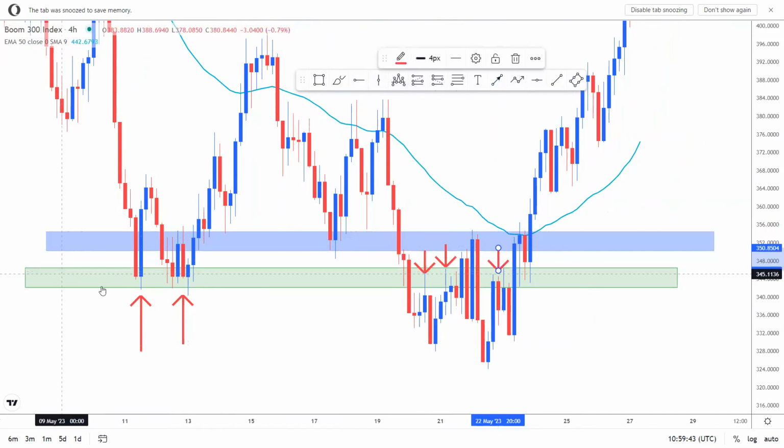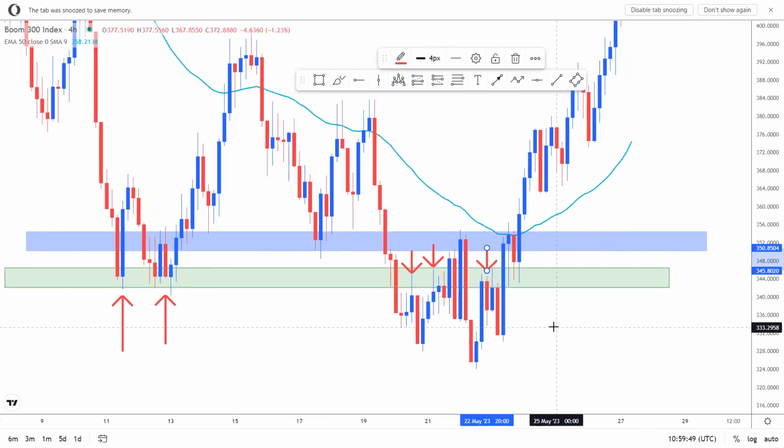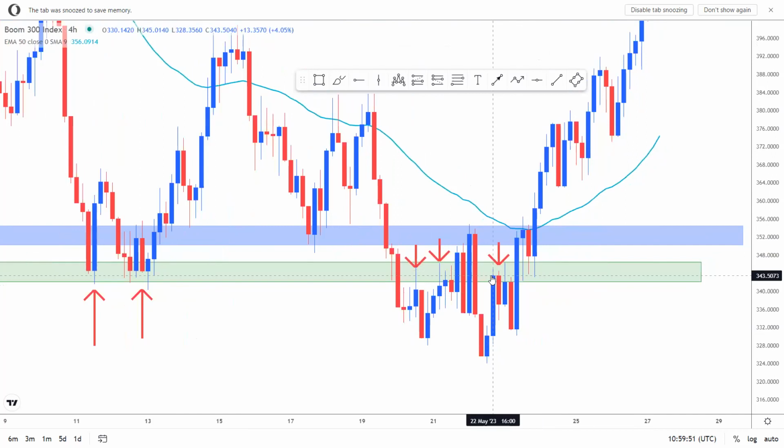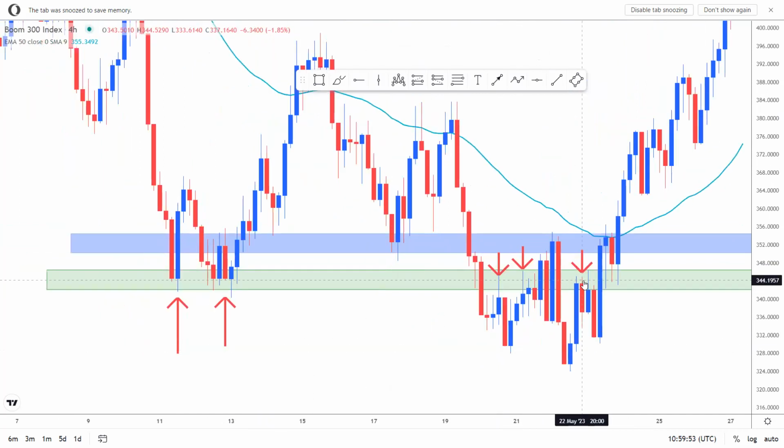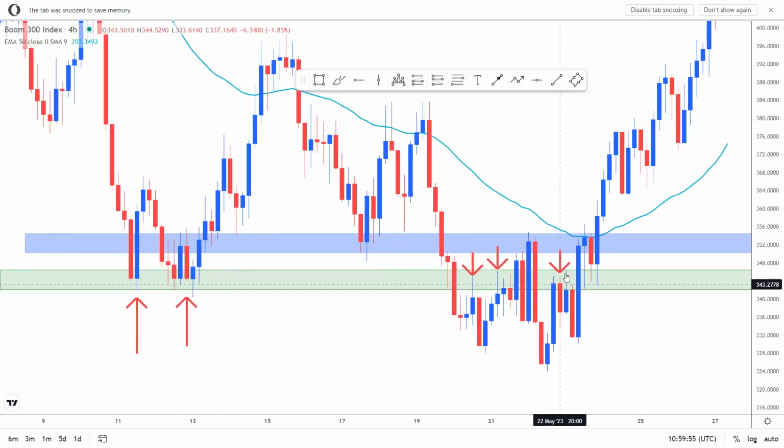So you can see multiple times we've had price test that level and bounce off of the level. So this is the key level. And then this was the last time we had price test the level from beneath, with the level acting as a resistance.